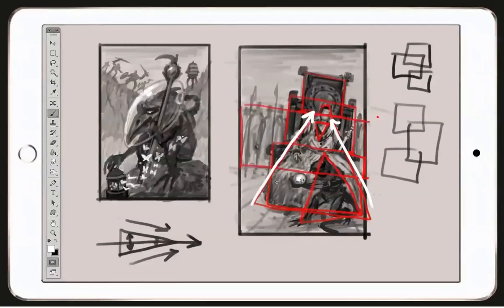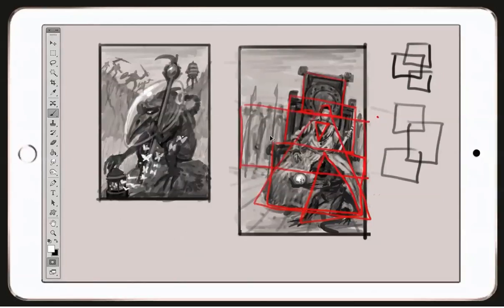The eye is following this tapering from wide at the bottom to narrow up here. So that's another way that the eye is being directed toward the center of interest, which is the upper part of her figure. It's the head, really, that is the center of interest, or focal point, as it's also called.